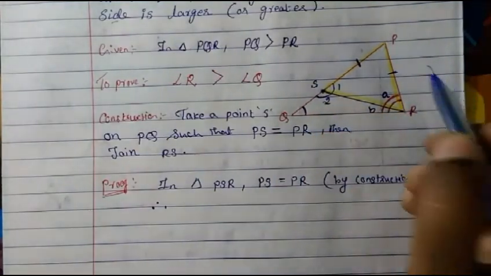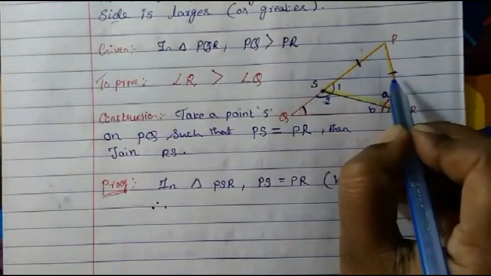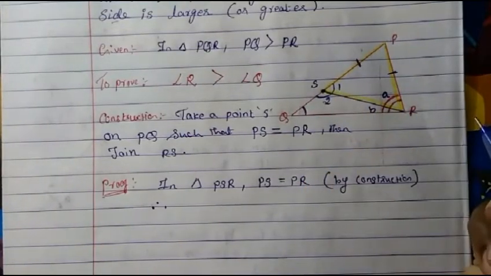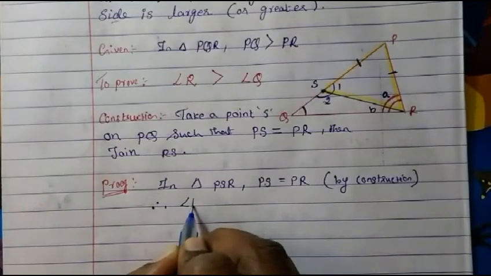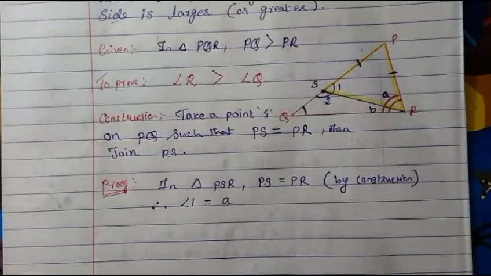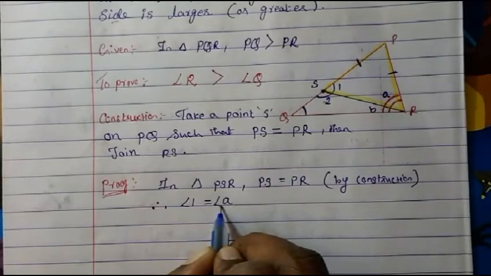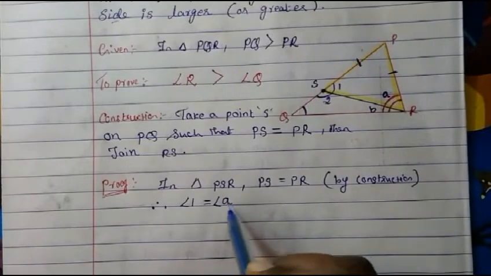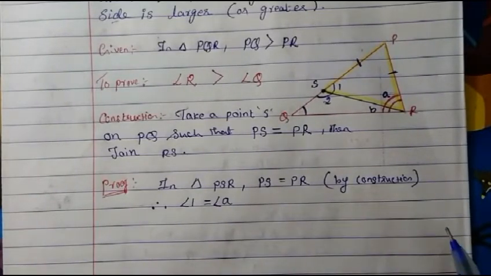Since these two sides are equal, the angles opposite to those sides will also be equal. So can we say angle 1 is equal to angle A? There is nothing wrong, because this is the measurement we have given.